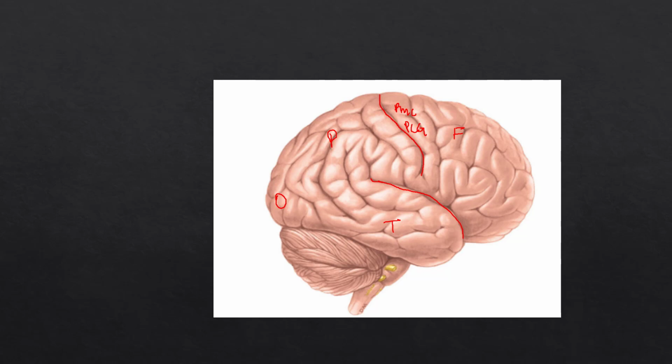So it's preceding the central sulcus, lying immediately in front of the central sulcus. And the gyrus that lies immediately posterior to the central sulcus is known as the primary somatosensory cortex, or also the post-central gyrus.